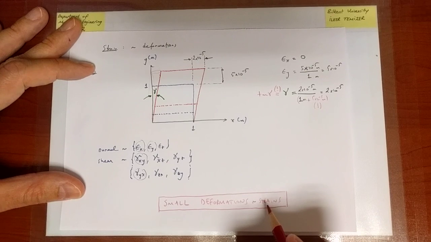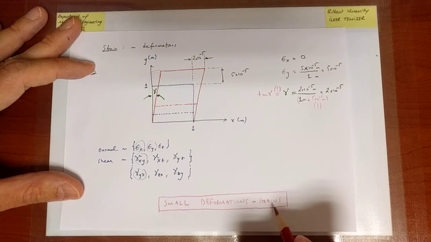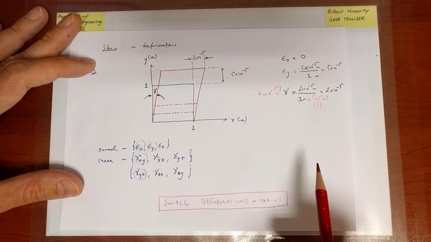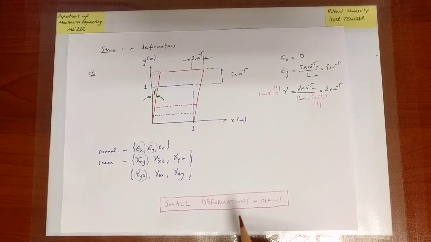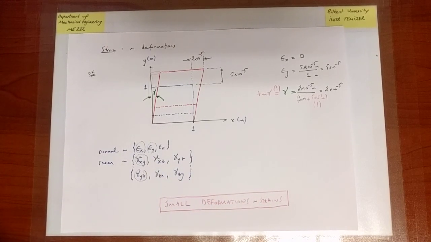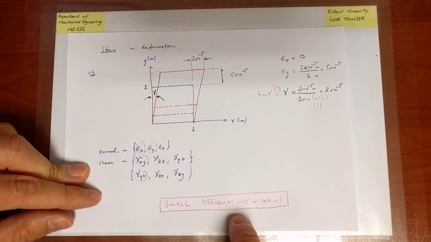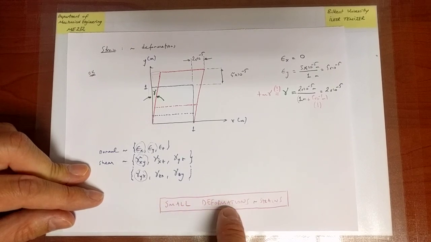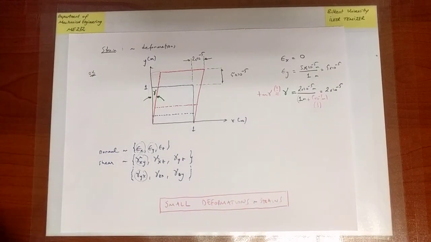Now, how small is a strain? How small should the deformation be for our assumption to hold? And how important is that assumption? First of all, the assumption is very important because almost all the formulation that we are going to follow rests on the assumption of small deformation. So how small should a deformation be to fit our assumption of smallness, to make sure that our formulation is mathematically and physically relevant? Well, that depends to a certain extent on the application that we are seeking.